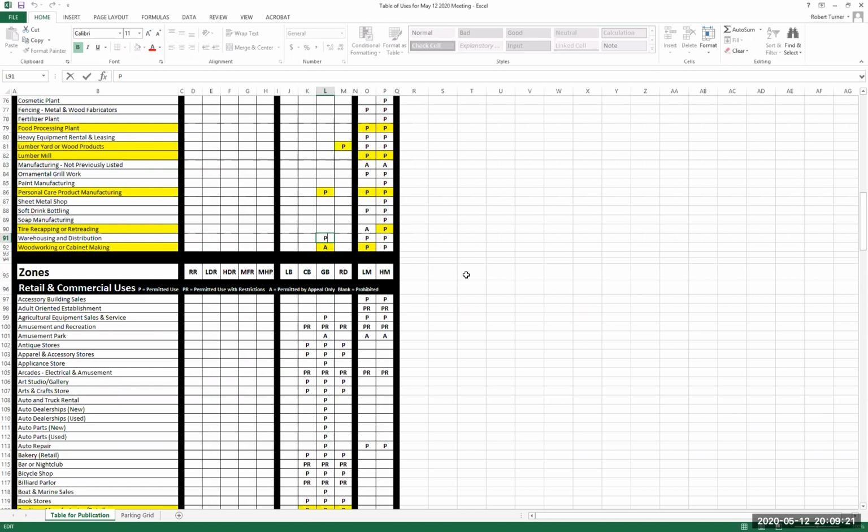Maybe it needs to be PR. It doesn't need to be visible from 64, but we have so little light manufacturing, heavy manufacturing zoning available. It goes back to the chairlady's point about us running out of space for all the uses we're going to permit.